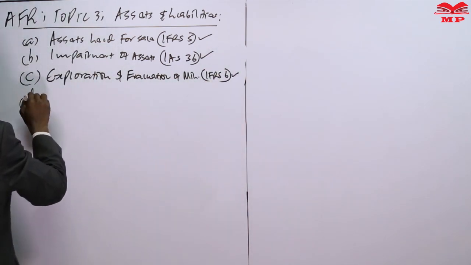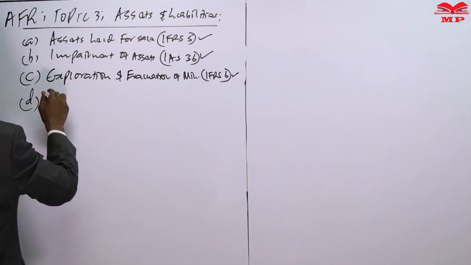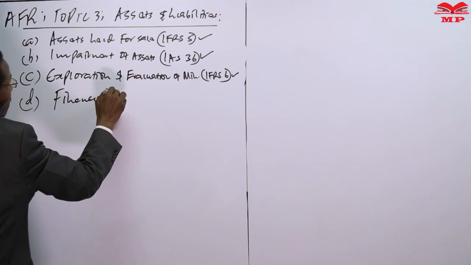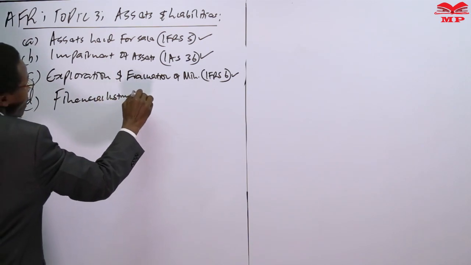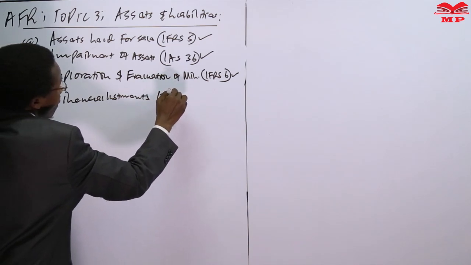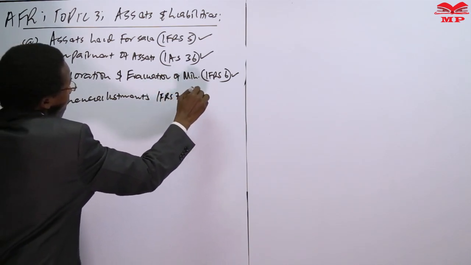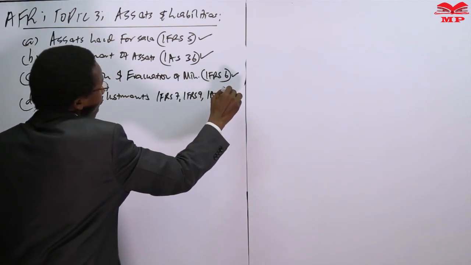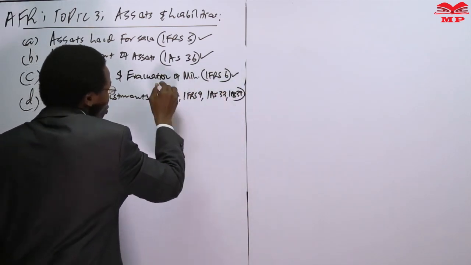Then D, we talked about financial instruments. In financial instruments, friends, this is in respect to IFRS 7, IFRS 9, IAS 32, and IAS 39. That's what we looked at.